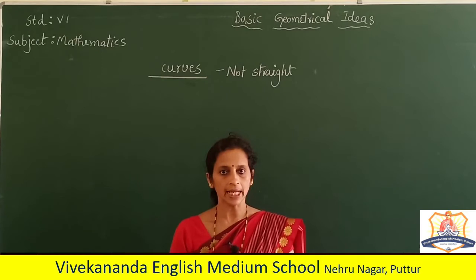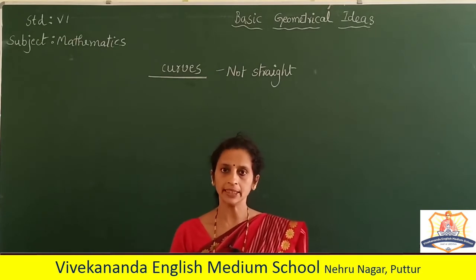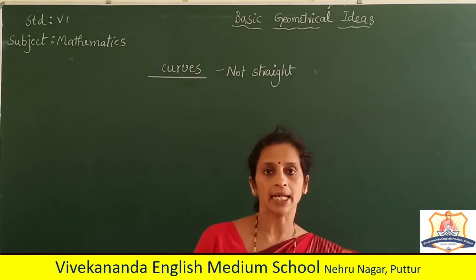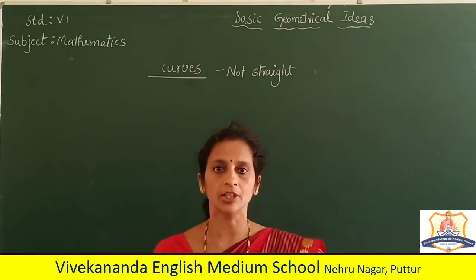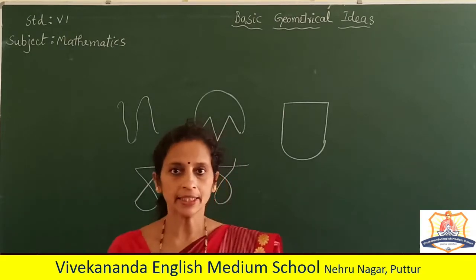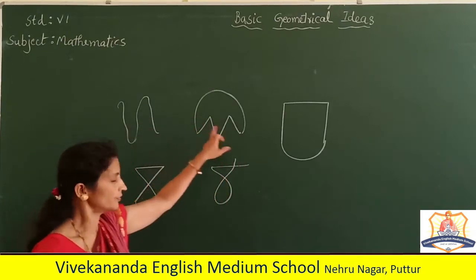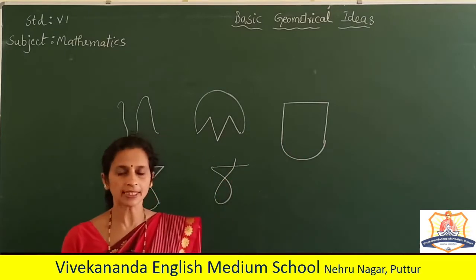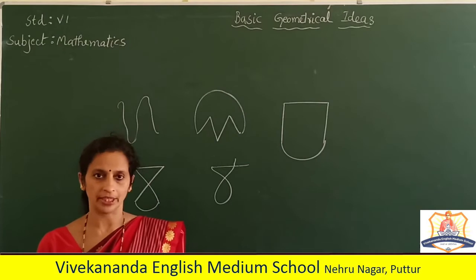So you can mark different types of lines which are straight and which are not straight, meaning which are curved. Now observe these figures. Here you can see these are curved figures. There are 5 figures, all curved.